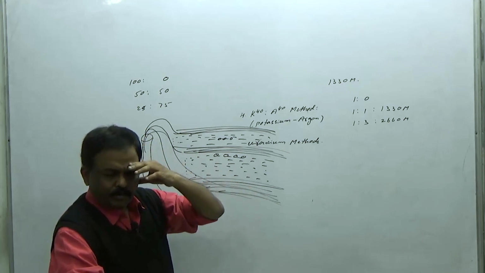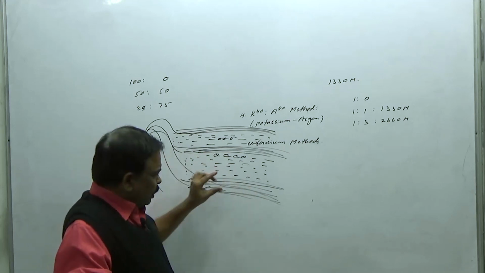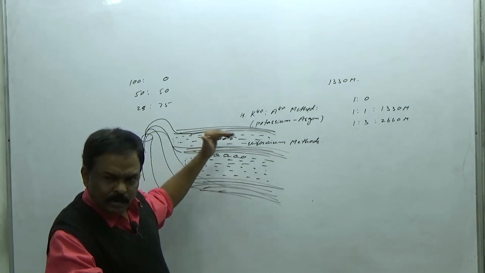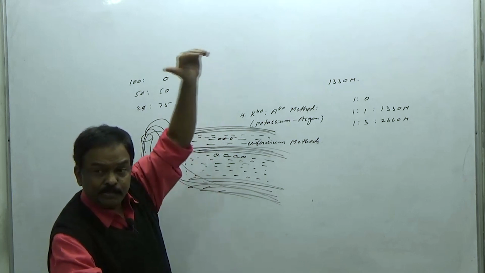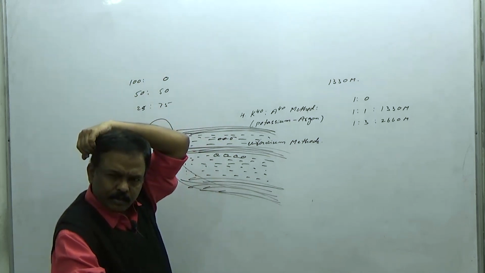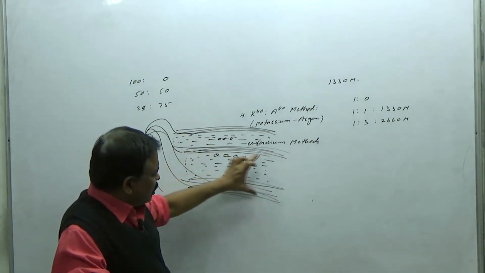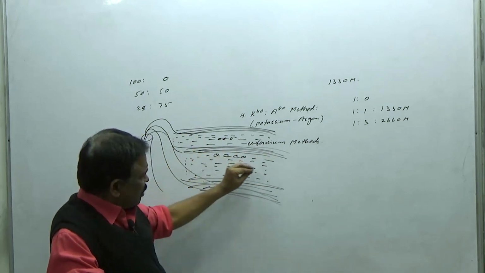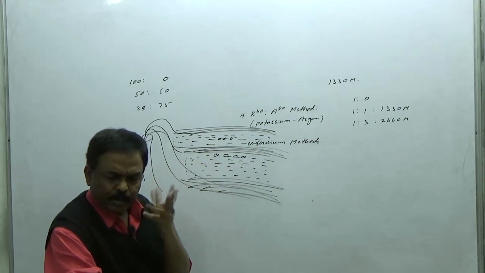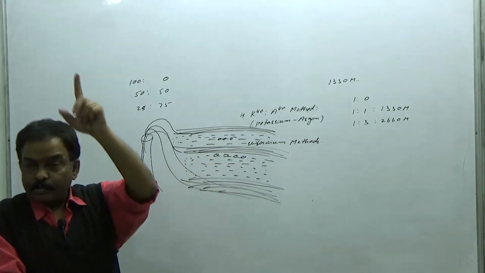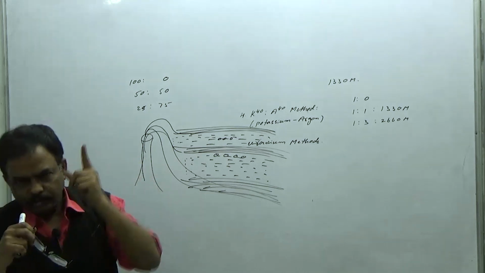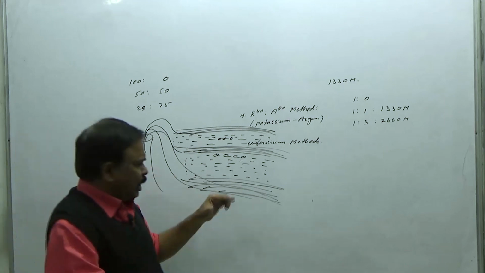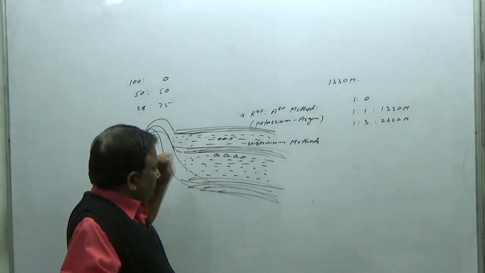Almost 3 million years back one volcanic eruption occurred, and another one 2.5 million years back. In between these lava layers, some fossils were identified. That means at that time these fossil beings were there. That's why they fixed the date 3 million to 2.5 million.